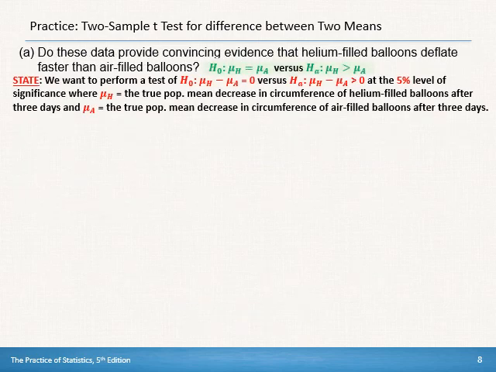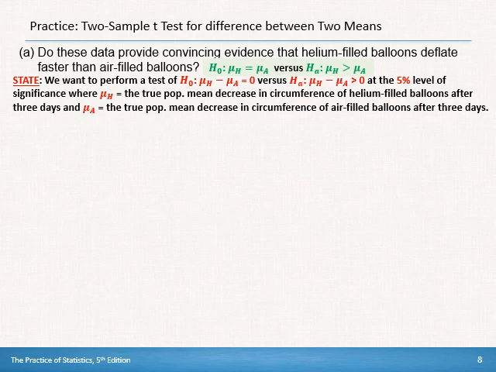All right, so the state step. We want to perform the following tests. The null hypothesis is that there is no difference in the deflation rate, how much they deflate over time. So that the true population mean decrease in circumference for helium-filled balloons minus the mean decrease in circumference for air-filled balloons is going to be equal to 0.